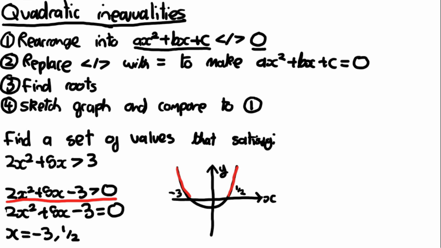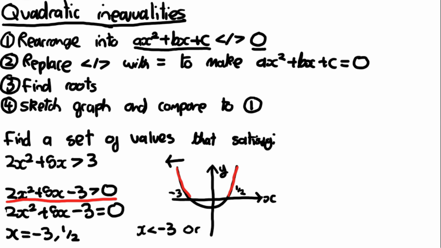And we need to find the set of values for when these values exist. And this is really easy to do because we have the roots. So we can actually find that 2x squared plus 5x minus 3 is bigger than 0 when x is less than minus 3, because remember it goes in this direction. So when x is less than minus 3, it's always positive.